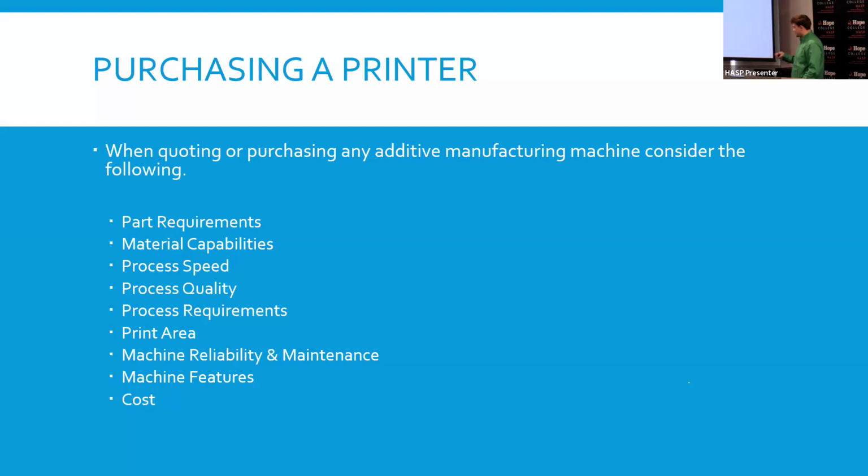Machine reliability and maintenance. Buy a machine that you don't have to do maintenance on daily. You will eventually have to do maintenance on them. Stuff breaks, you know, there's wear items on these. But if I was going to go buy a triple F printer versus a material jetting printer, the material jetting is probably going to last longer.